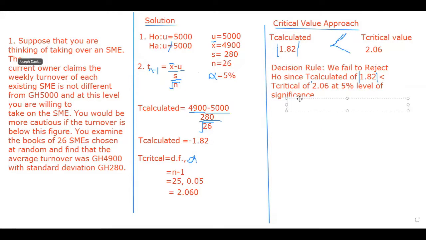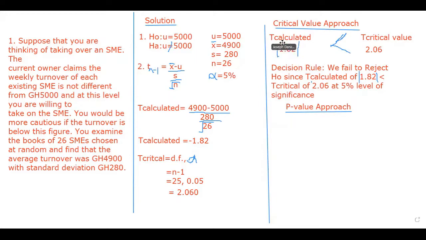Now let's move on to the p-value approach. With this one, you compare what? The p-value and the alpha value. They are all probabilities. And how do you get a p-value? I said the other time that the p-value is the probability of the t calculated or t computed.